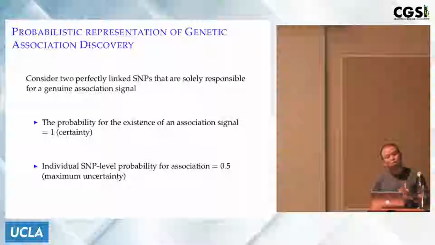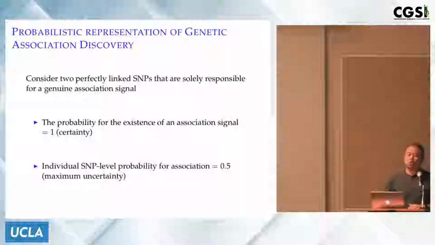But when you actually present your results in this form, it is more informative, right? You know where the certainty is, the existence, and you know where the uncertainty is. The LD will cause the maximum degree of uncertainty in this case. So this is a simple toy example. Hopefully you understand what we're trying to do.